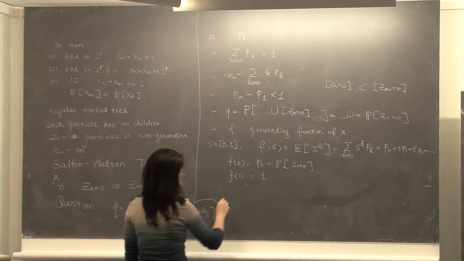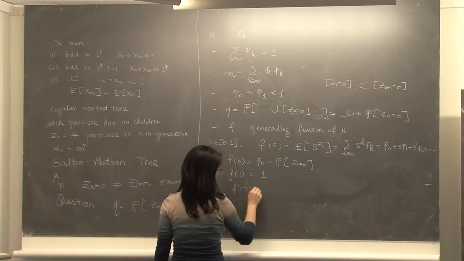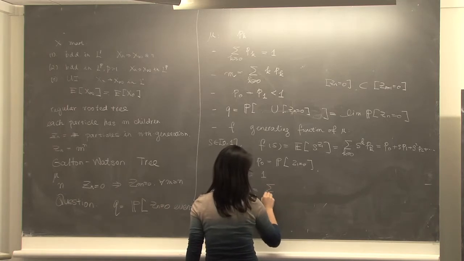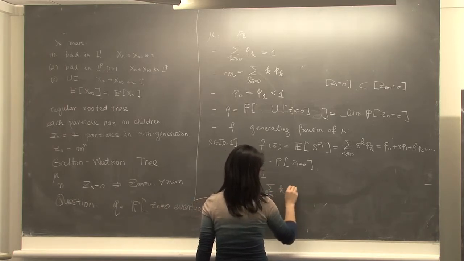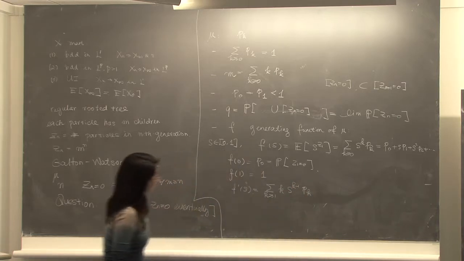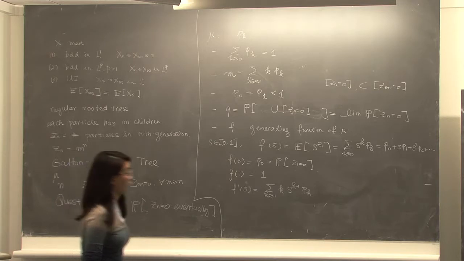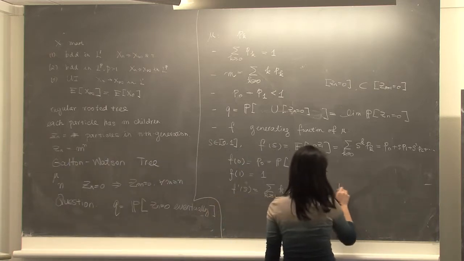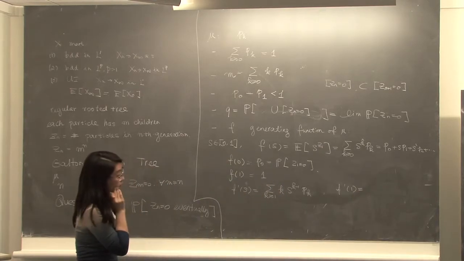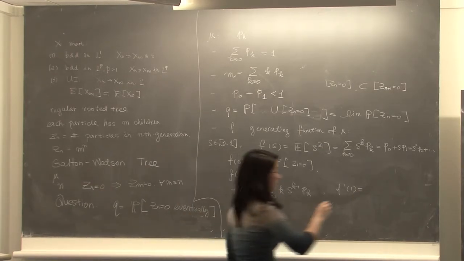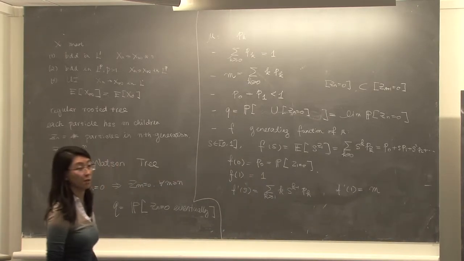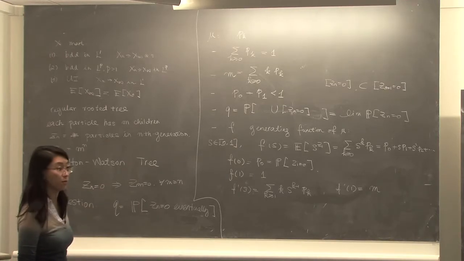And then let us check what's the derivative of this f. We take the derivative and then set s equals 1. So here we see that when s equals 1, the right-hand side is exactly the mean of this measure. So the derivative of this function at 1 equals the mean of the measure mu.